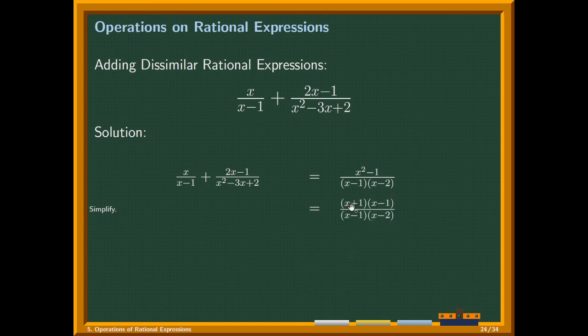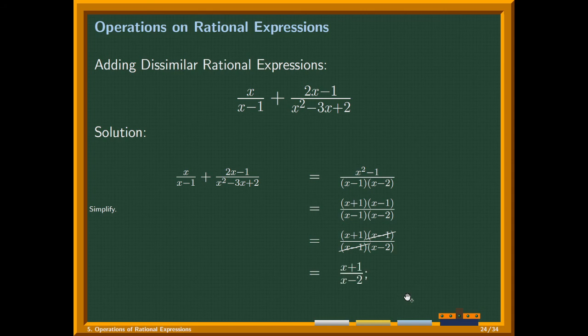So we copy the denominator. From this, we can check that there are common terms and we have to cancel them out. So x minus 1 will be cancelled out, and the final answer is x plus 1 all over x minus 2.